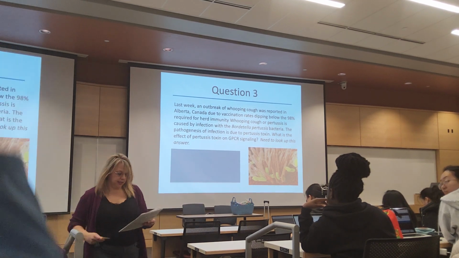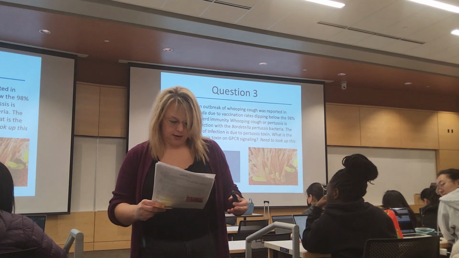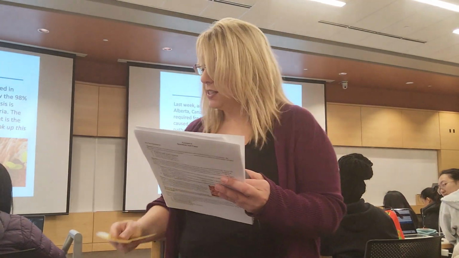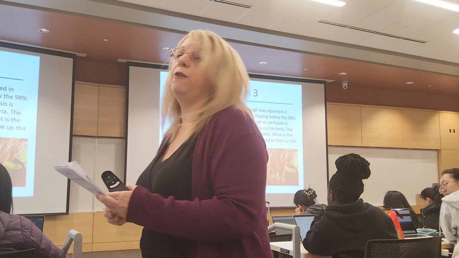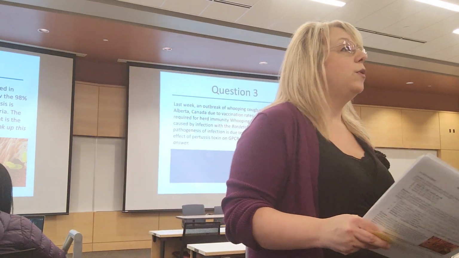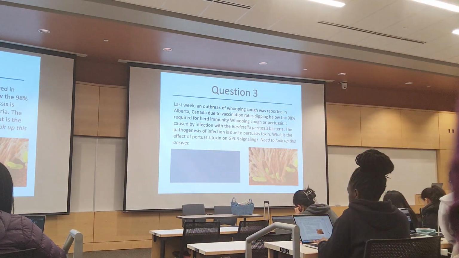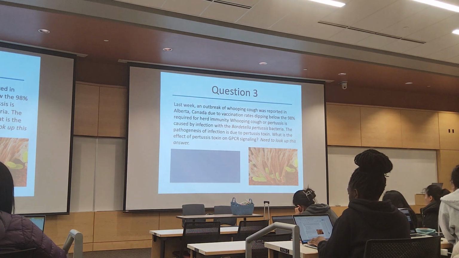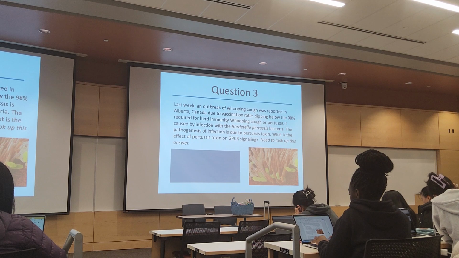Let's see what we learned. Yes, so it blocks the G alpha I subunit. So think about what that would mean. G alpha I, as you guys know, is the negative pathway, right? That usually reduces cyclic AMP.